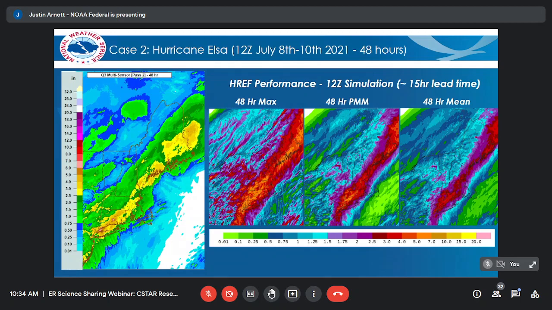And taking a look at the HREF performance, 15-hour lead time, starting with the max, followed by the probability match mean and the mean. You can see the max is a little bit indiscriminate in showing the 3 to 5 inch rainfall total. The PMM is in the middle of the road between the max and the mean.